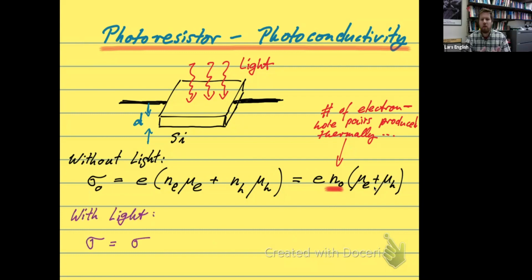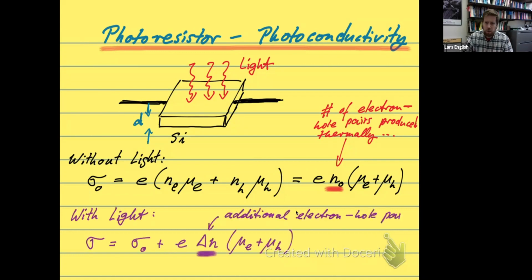Okay, so now what's the situation with light? Well, first of all, without the light, why do we get any kind of electron-hole pairs at all? Well, in that case, those are thermally excited conduction electrons, right? They would just happen to have enough thermal energy to make the jump.